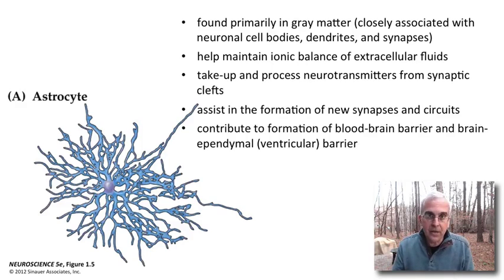Astrocytes are that category of glial cell that contributes to the formation of the blood-brain barrier, as well as the barrier between the brain and the ventricular system within the brain, called the brain ependymal barrier.